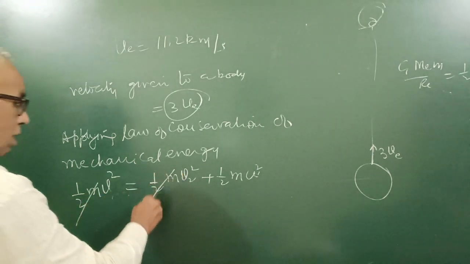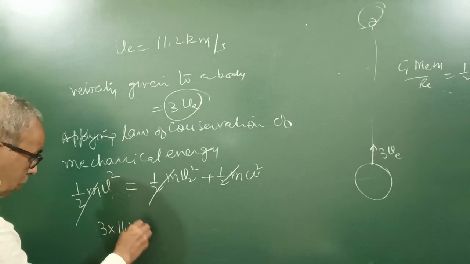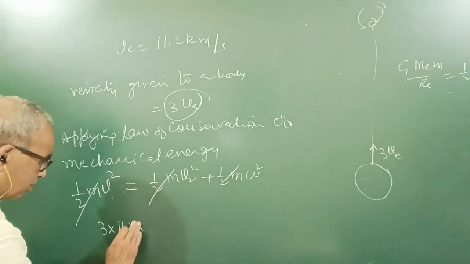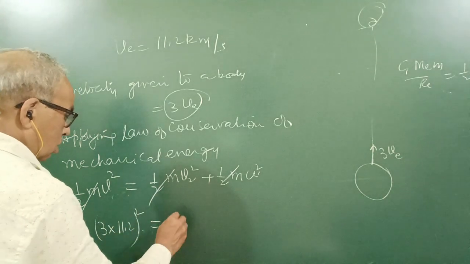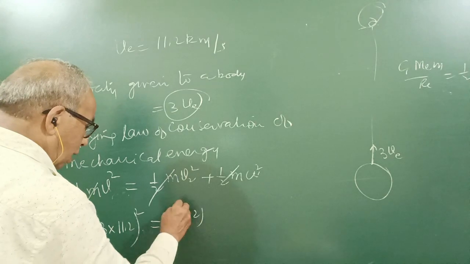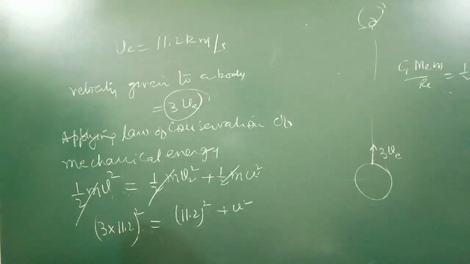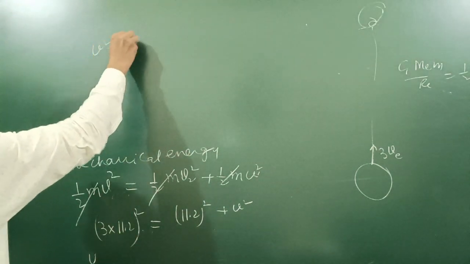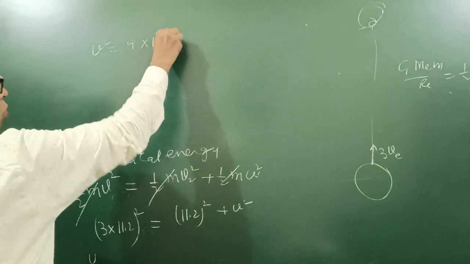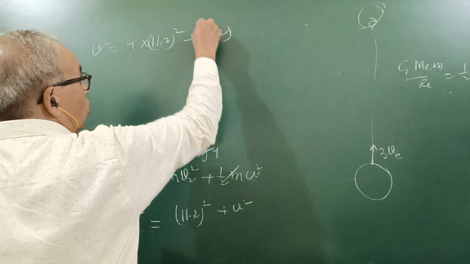Here half m cancels. It is thrice of 11.2 into 10 to the power 3 meter per second, whole square, equal to 11.2 square plus v square. So v square is equal to 9 into 11.2 whole square minus 11.2 whole square.